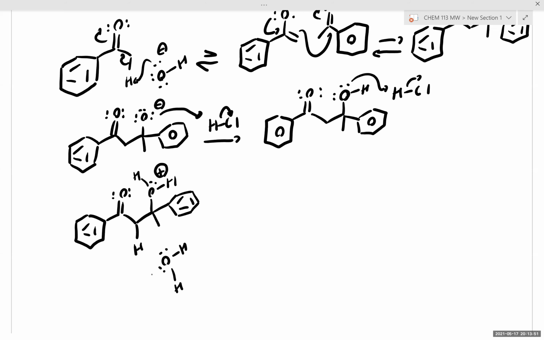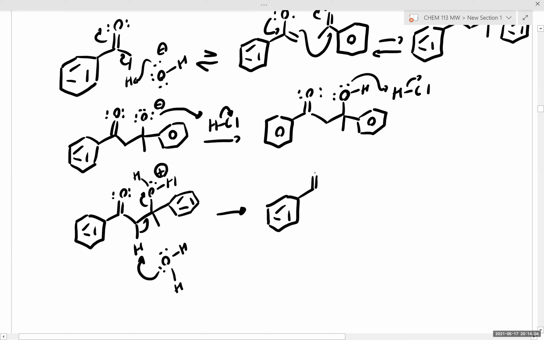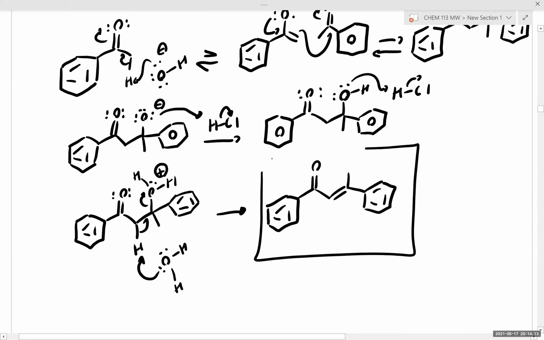Quite easy, right? So we can just eliminate this equivalent of water via textbook, almost E2-like elimination. And that in turn gives us the predicted and desired trans enone product. Generally, if you have a preference between forming two alkenes, the least hindered trans alkene is preferred.